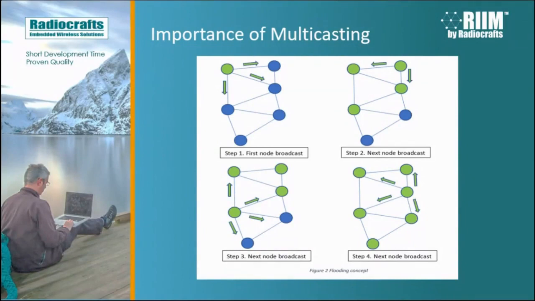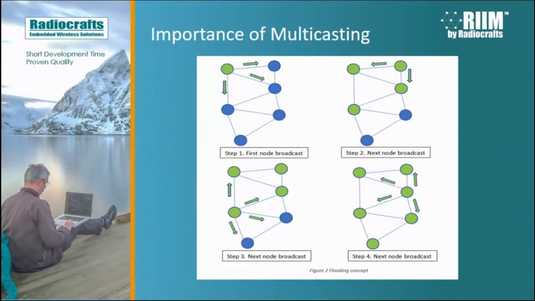In step two, the one which was blue before is now green, and it will send to all its neighbors, including the one that it received it from, and one new, and then the same, and then the same. So this keeps happening throughout the whole network. This is called multicasting via network flooding. It's called the network flooding method.